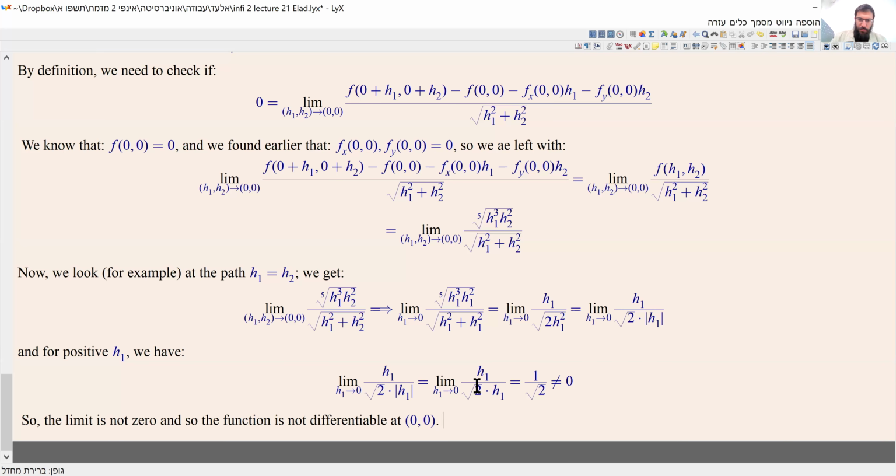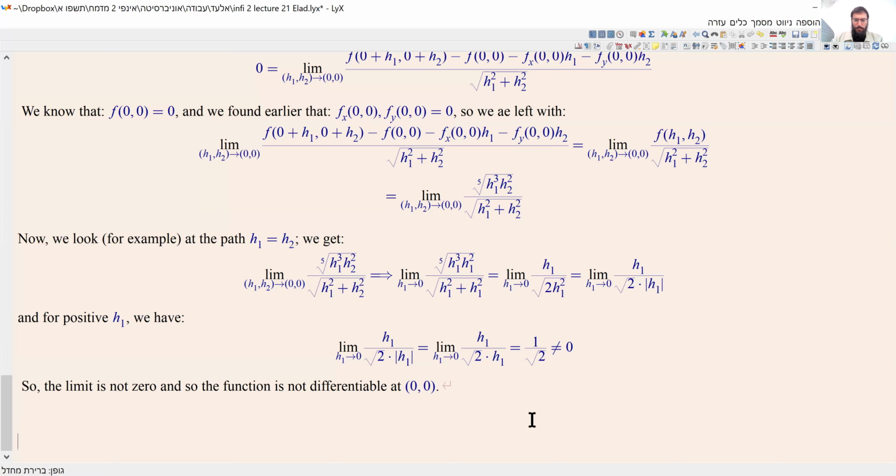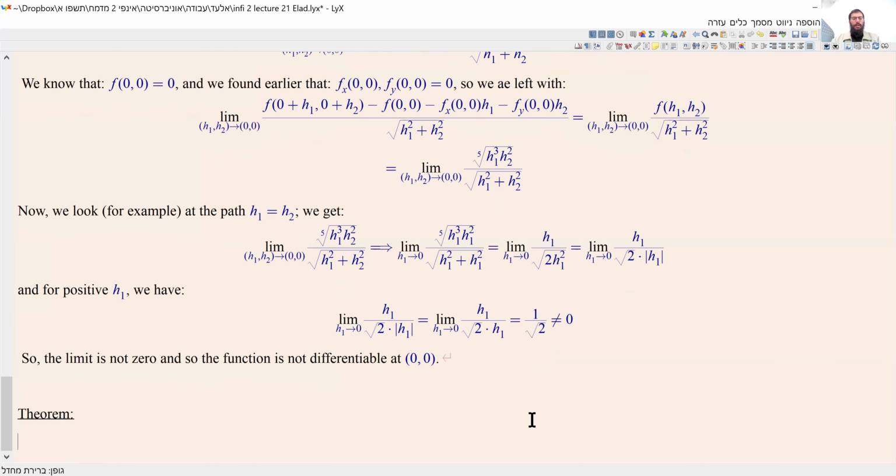Another two things I want to write down, then we can finish. First of all, mind the theorem about differentiability. On one hand, if the partial derivatives are all continuous at the point, then the function is differentiable there.